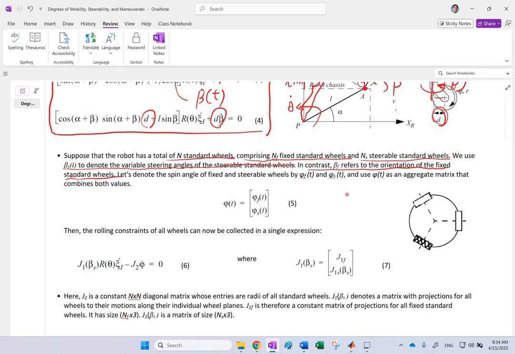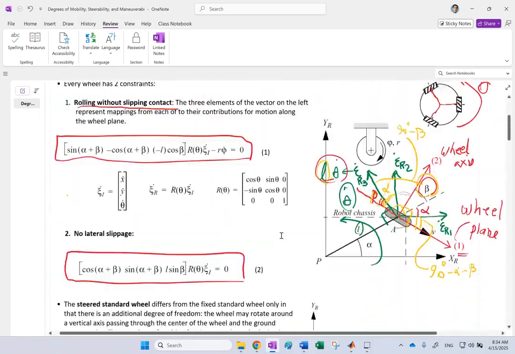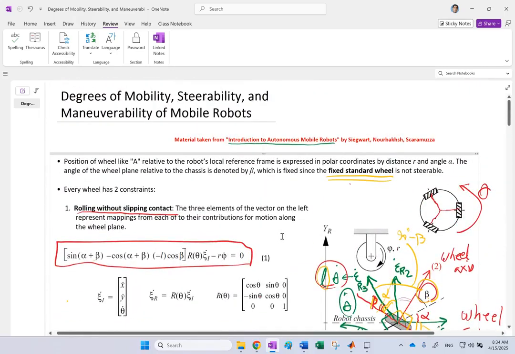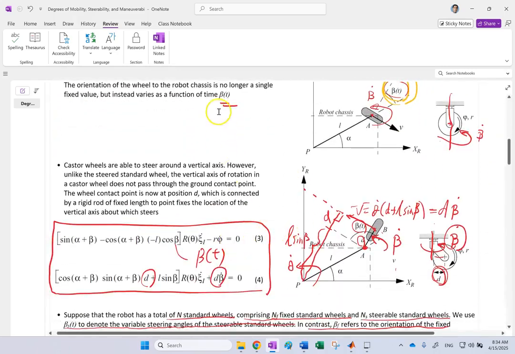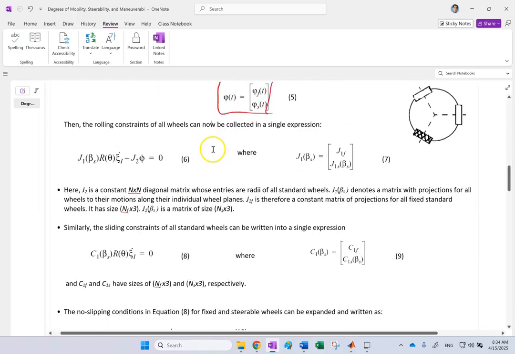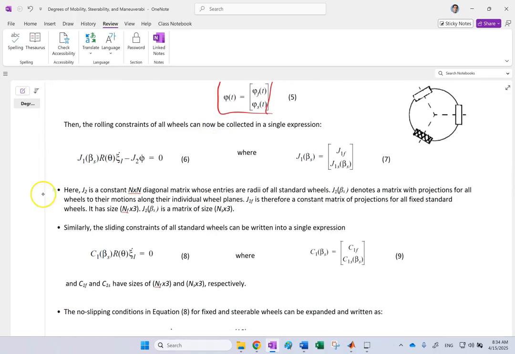Now, if the spin of these wheels about their own axis is shown by phi f of t and phi s of t, and you create an aggregate matrix phi of t, which is phi f of t and phi s of t, then we can combine these equations that you had, like 1 and 2, or basically 3 and 4, into a matrix format like this.